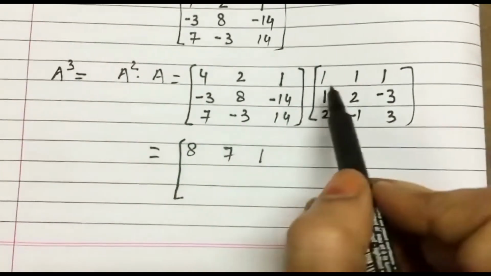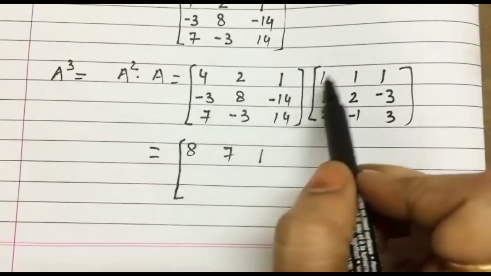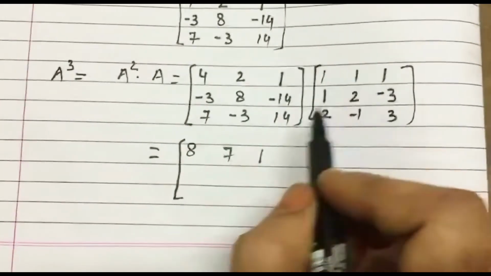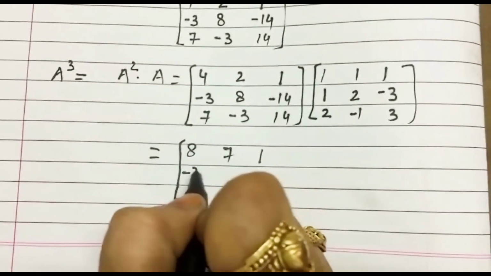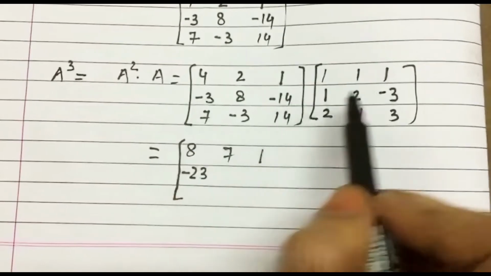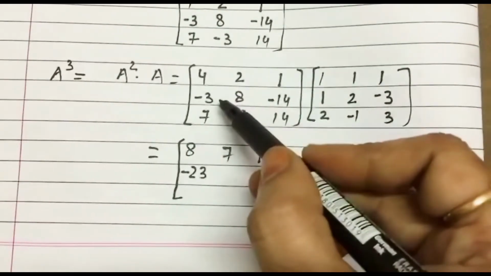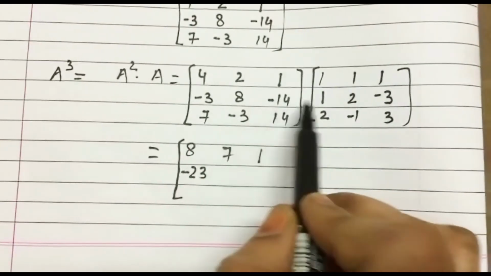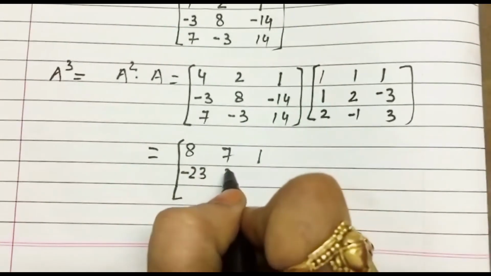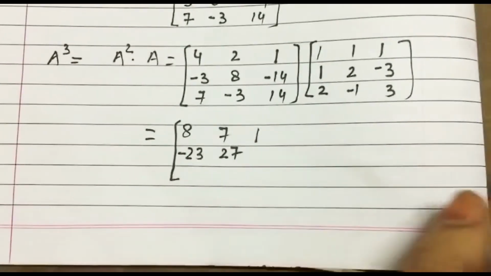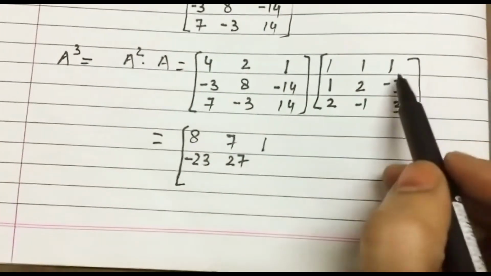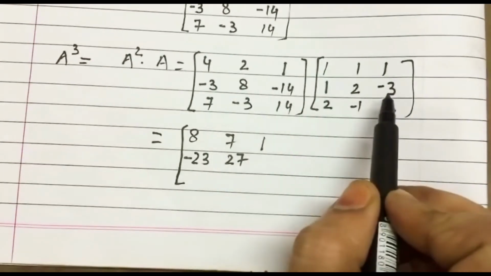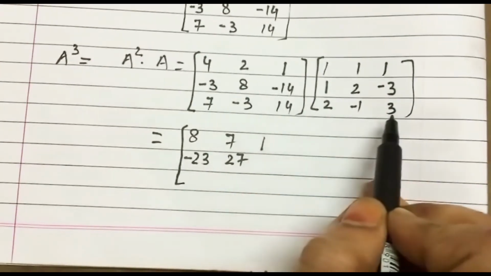Now second row multiply with the first column: minus 3 into 1, plus 8 into 1, and plus minus 14 into 2. It will give you minus 23. Now same row with the second column: minus 3 into 1, plus 8 into 2, and plus minus 14 into minus 1, and it's 27. Now same row with the third column: minus 3 into 1, plus 8 into minus 3, and plus minus 14 into 3.